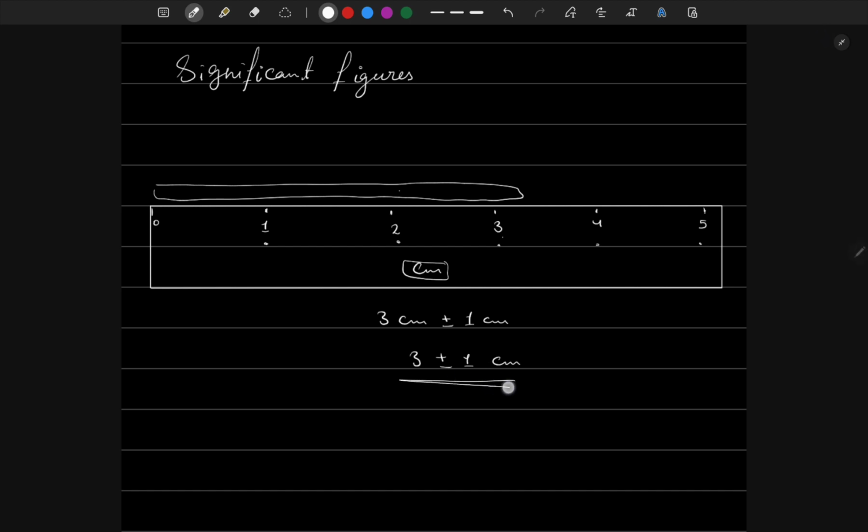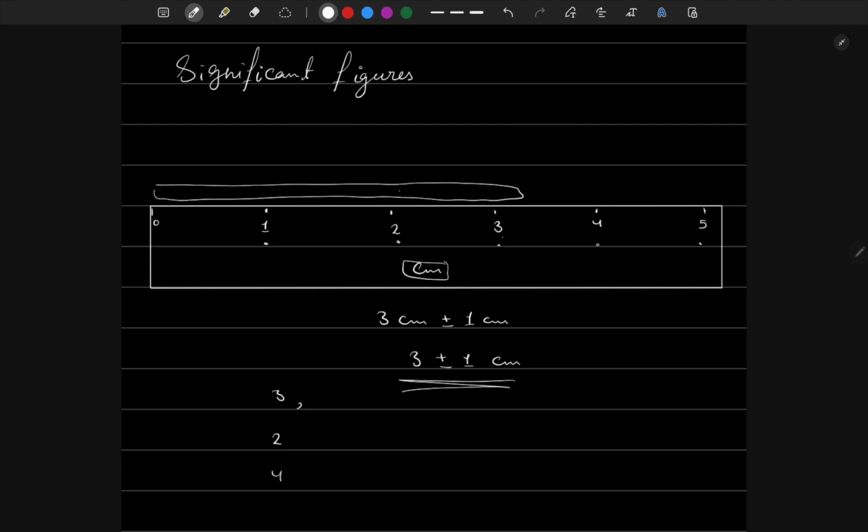So what does this mean? This means the length of this object is 3 centimeters, but if I have made any error in my measurement, the error is only going to be off by 1 centimeter. So it can be 3 centimeters, it can be 2 centimeters, and it can be 4 centimeters.